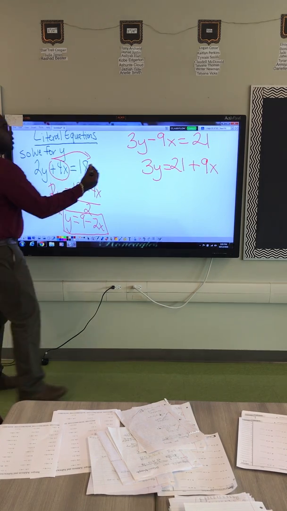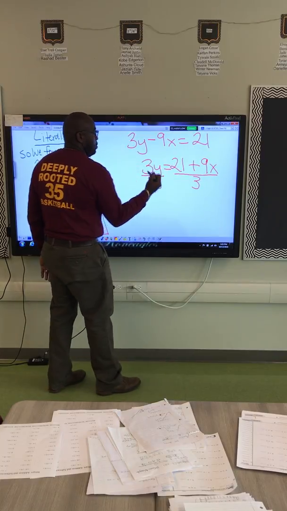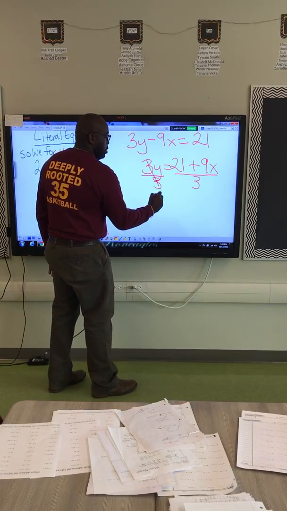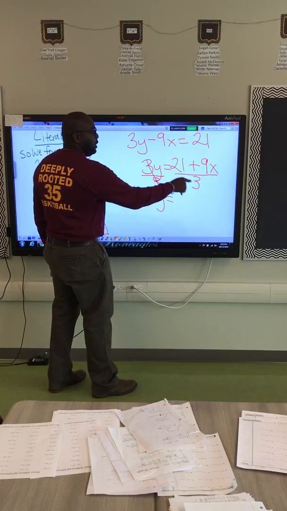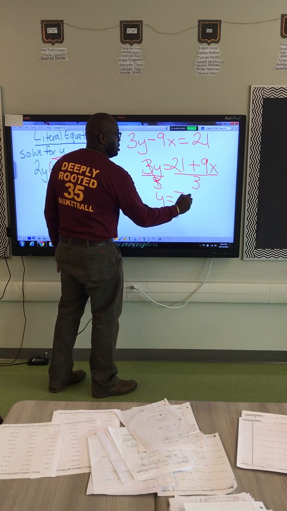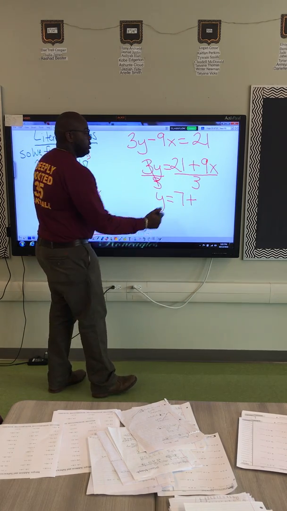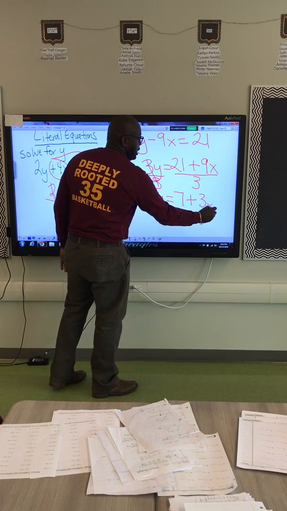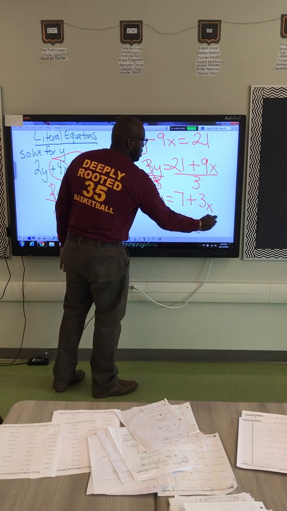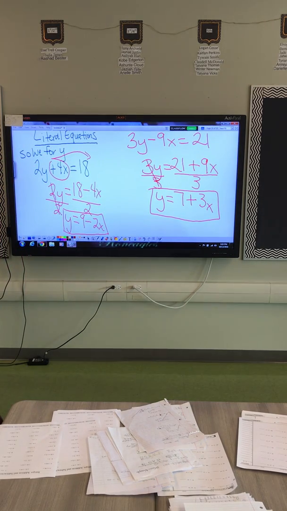Good job. Divide the whole thing by 3. Goes away. Y equals 21 divided by 3 is 7. Good work. And 9 divided by 3 is 3x. That is your answer. Work on these 3. Good job.